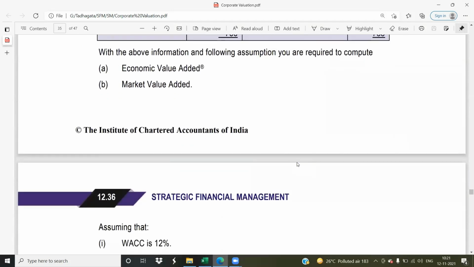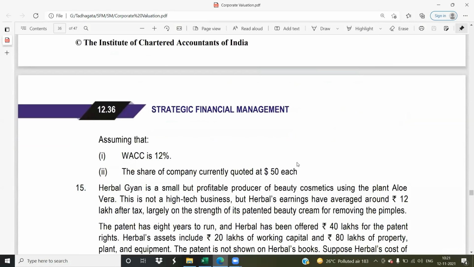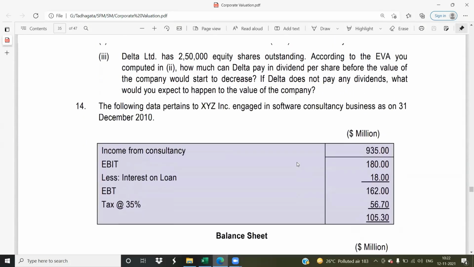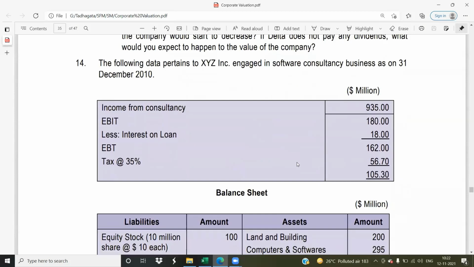Problem number 14. What is asked in the question? You are required to compute economic value added and market value added. Market value added is nothing but market value minus book value. Okay, assuming that WACC is 12% and the share of the company currently quotes at $50 each. So what are the details given? The following data pertains to XYZ Inc. It is engaged in software consultancy business, and you have income from consultancy.